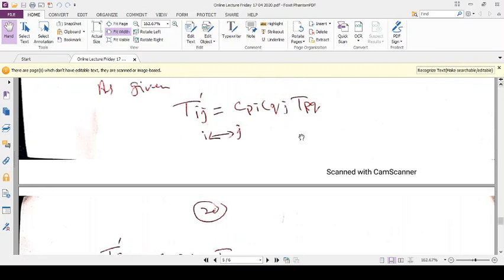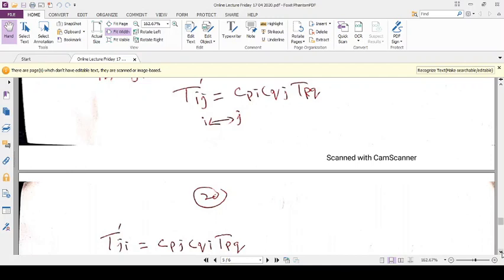and you have to interchange these indices on the right hand side also, because operation on one side is not allowed. You have to operate on both sides. If you are interchanging indices i and j on the left side, you have to interchange those two indices on your right side also.